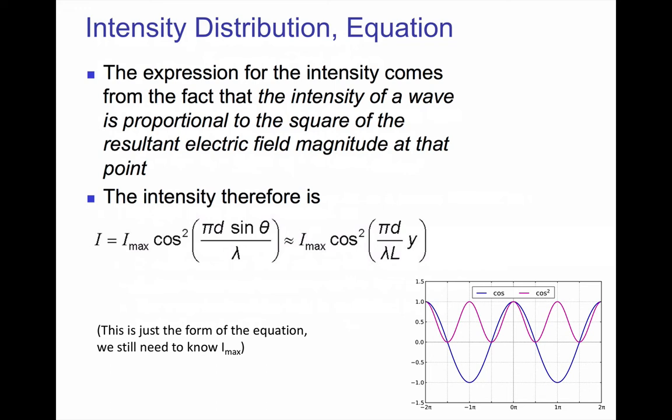And since we're making our assumptions that theta is very, very small, in other words, the distance to the screen is much larger than the slit spacing, we can approximate that as I equals I max cos squared pi d over lambda L times y, where y is the distance from the centre to the point that we're interested in. So this is just the form of the equation because we haven't yet found out what the maximum intensity can be. But you can see at the bottom right there a graph of a cos squared function.